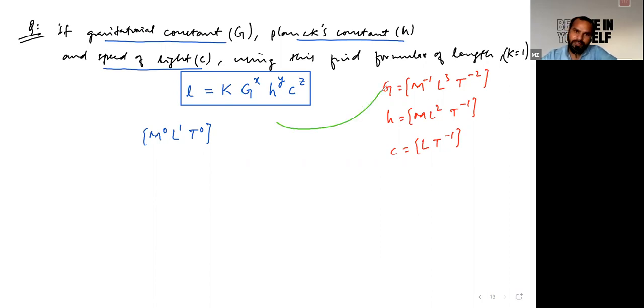Put this particular value in this position, this value in this position, and this value in this position. After that, simplify the exponents of M, L, and T.